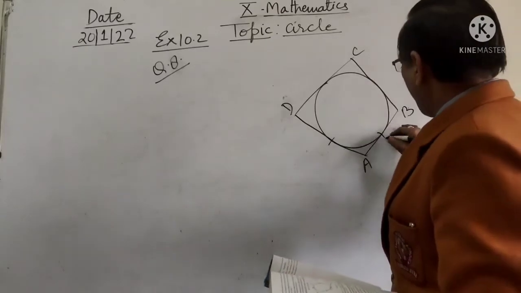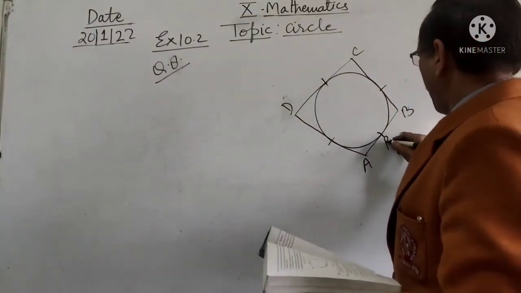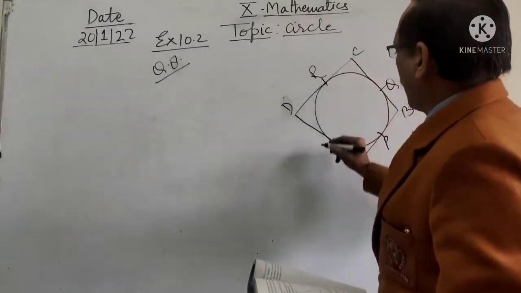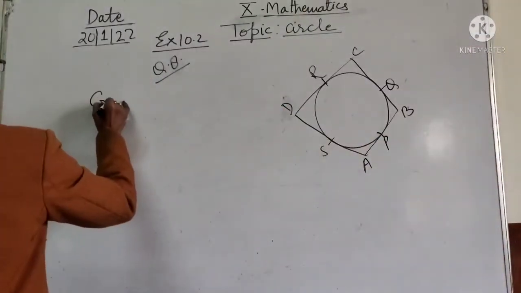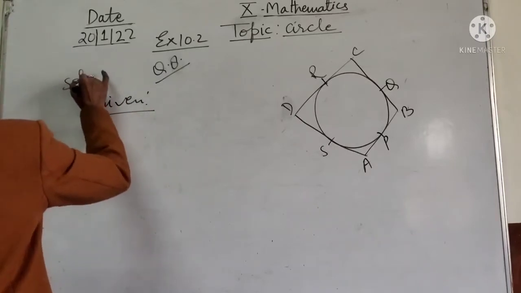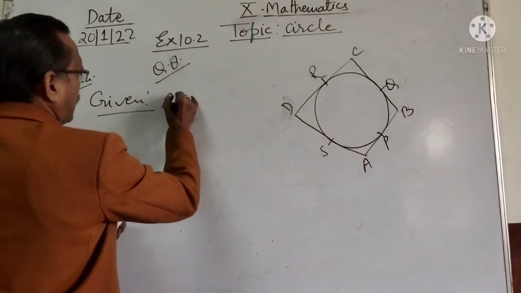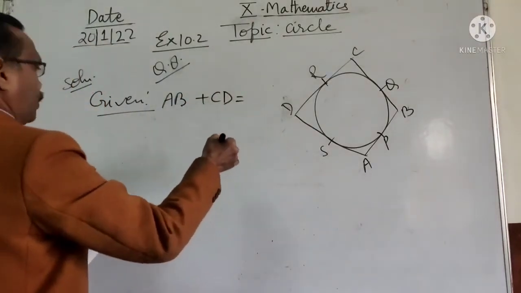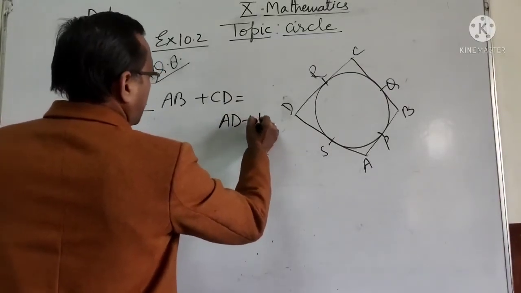So these are the points of contact, P, Q, R and S. Given that AB plus CD equals AD plus BC.